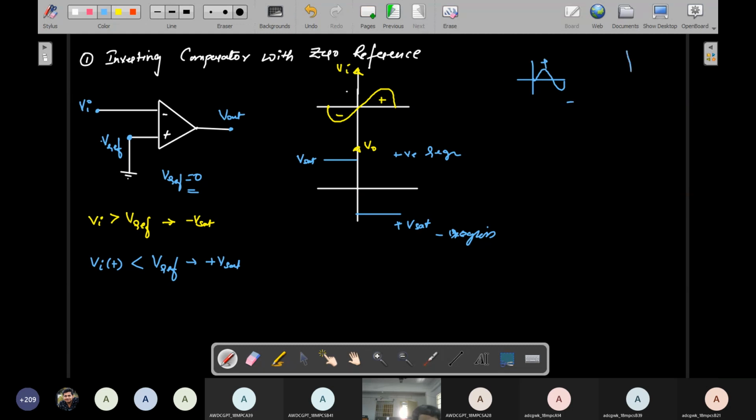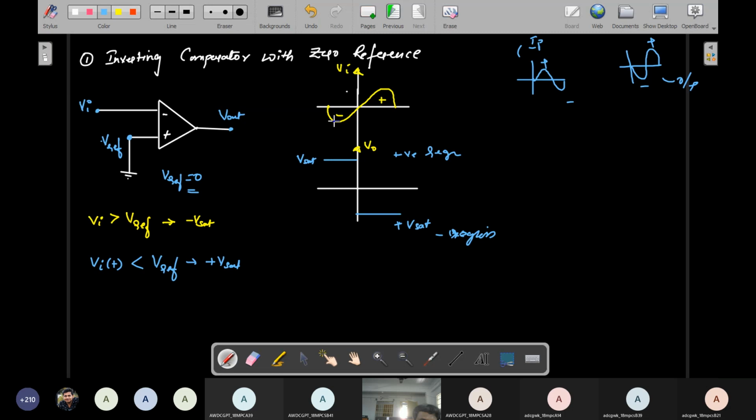In inverting, what will happen? This positive will become negative, and this is a positive peak. So your output voltage looks like this, and this is the input voltage. Here also it is the same. This is the positive region.